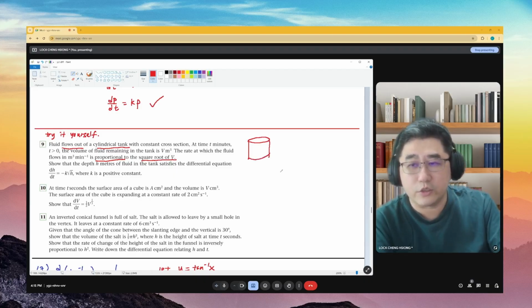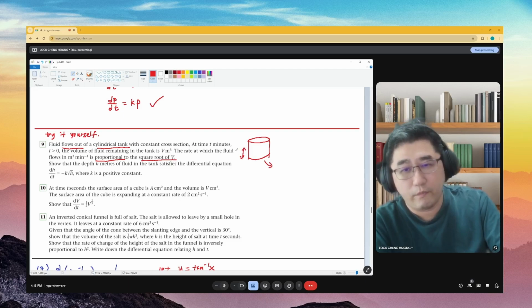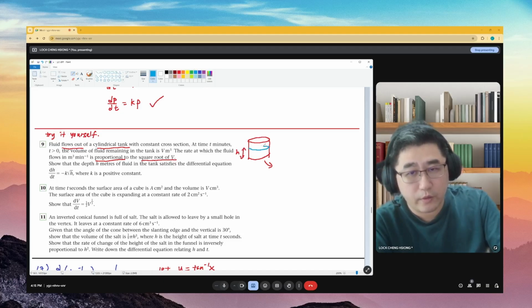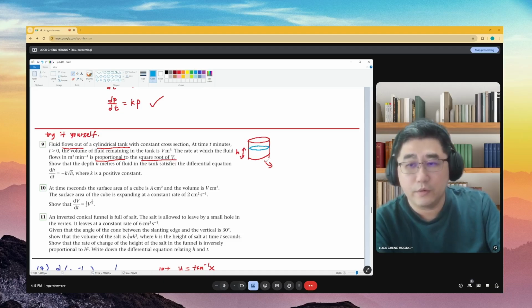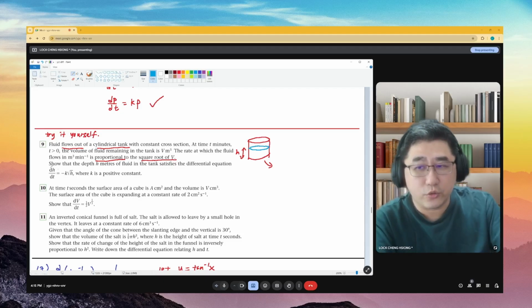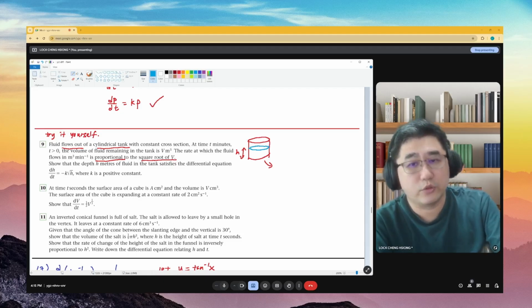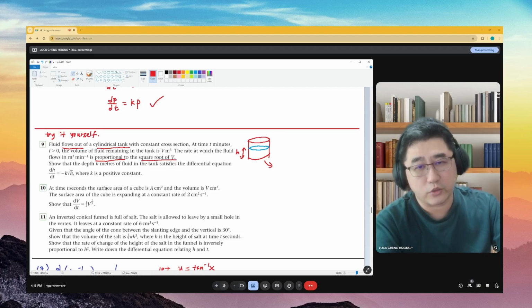It's a cylinder shape going up, and the depth h remains inside. Show that the equation is satisfied. So let's see how to actually do this question.